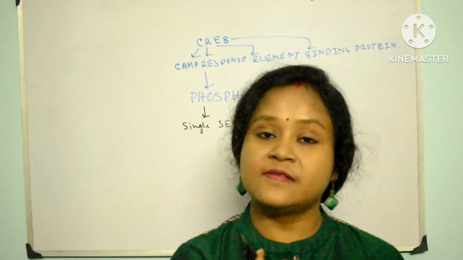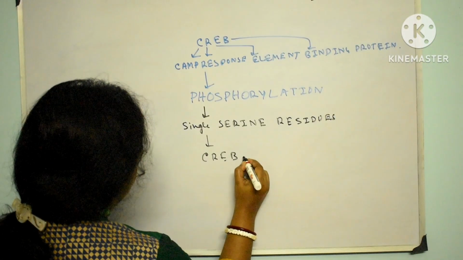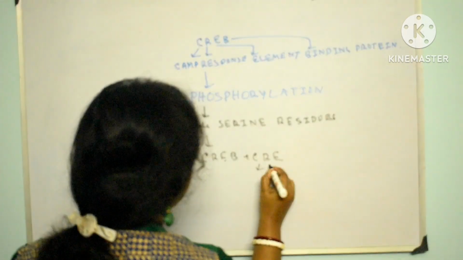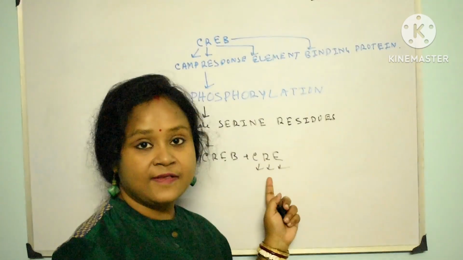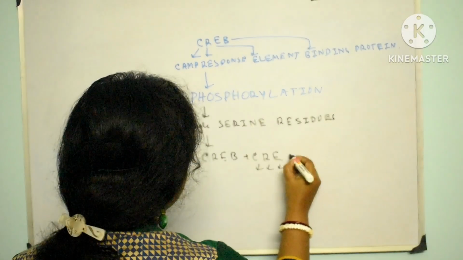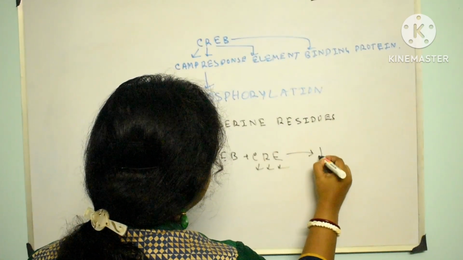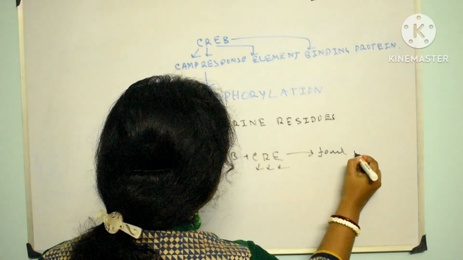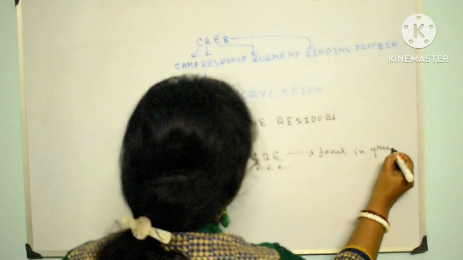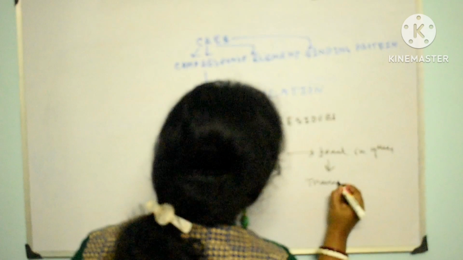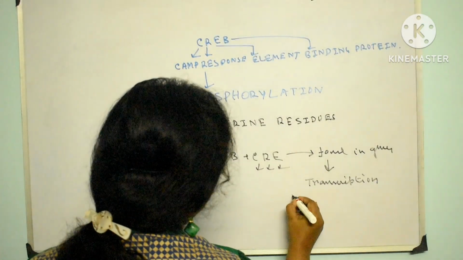CREB is bound to CRE, the cAMP response element, which is found in genes.